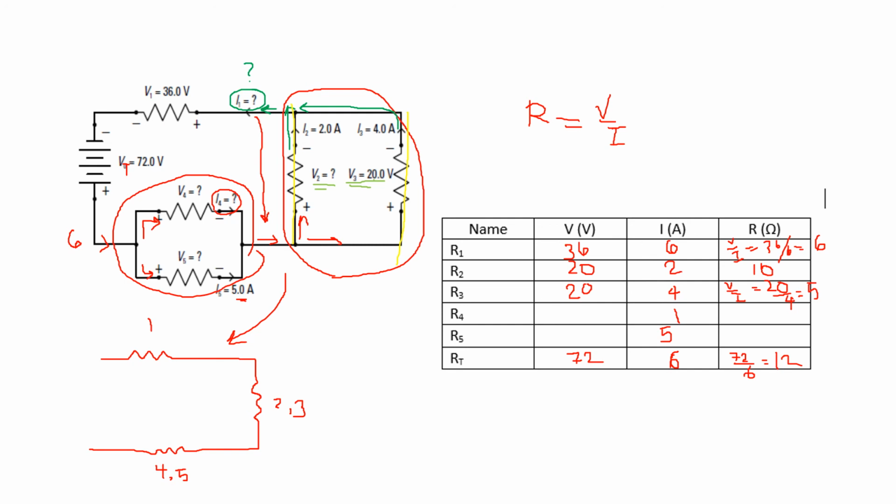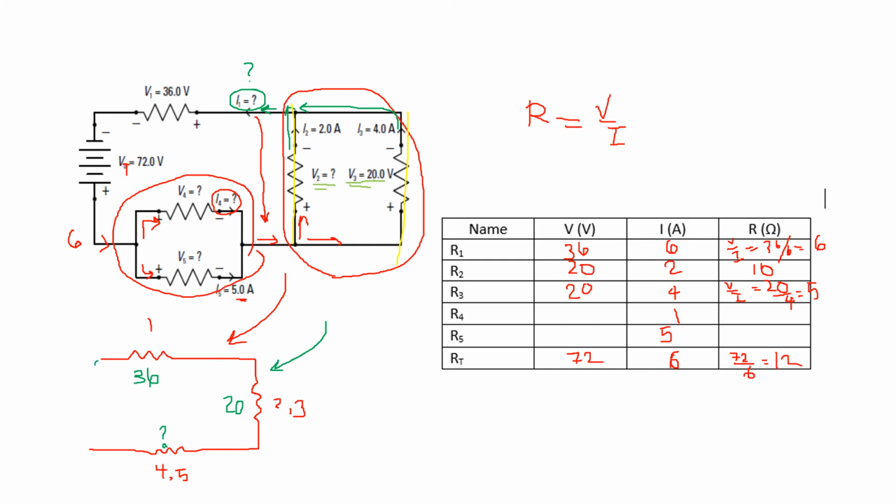But coming back to this picture, that's how it gets tricky when we have complex circuits. Here, voltage is 36. Here, equal voltages, 20. There's no other drop, it's only 20. For parallel circuits, the voltage is exactly the same. I come to 4 and 5, I don't have it.